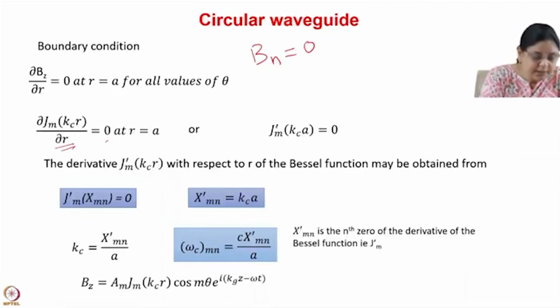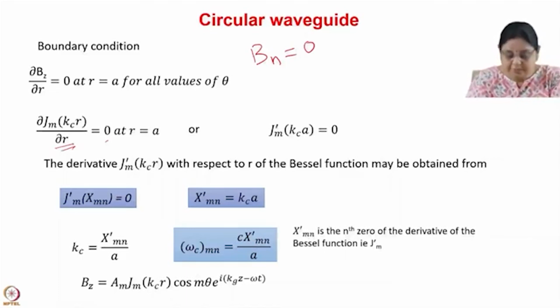So here Jm prime of x'mn is equal to 0, so x'mn is the nth root of the derivative of the Bessel function Jm. This is equal to Kc times a. From here, Kc you can get as x'mn divided by a, and again you can calculate the frequency of the mn mode. So here x'mn is the nth zero of the derivative of the Bessel function, that means Jm prime.